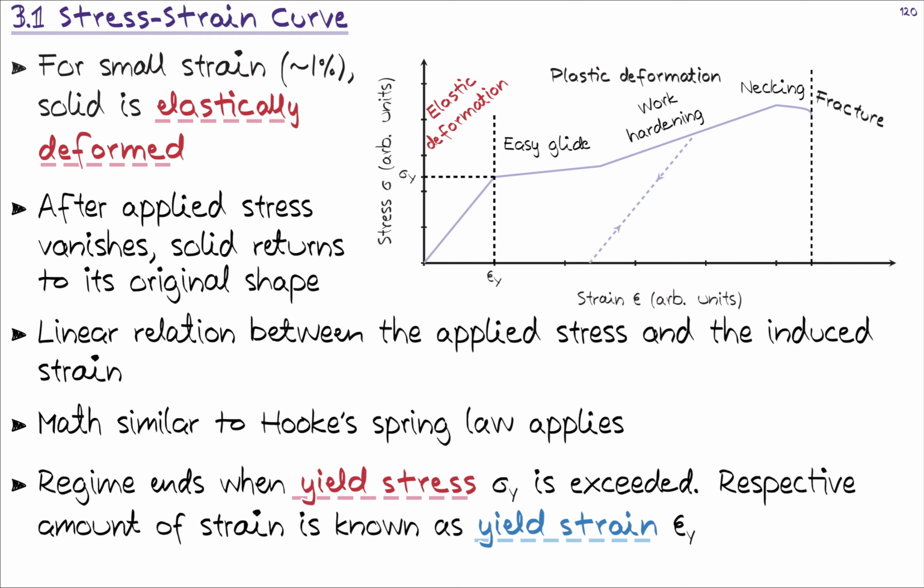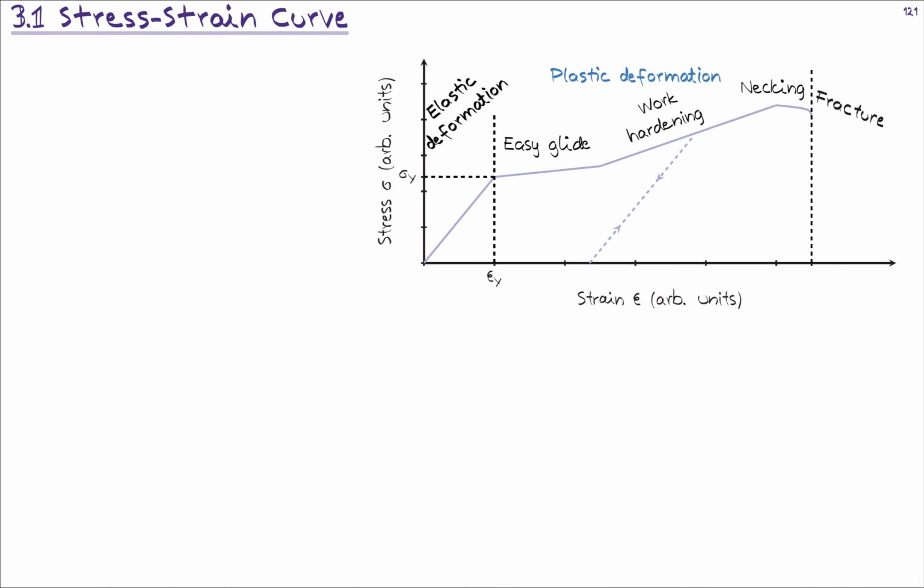This is the crossing point of these two dashed lines, and it ends the elastic deformation regime. After that, we are in the plastic deformation regime, and when the stress vanishes, the material no longer returns exactly to its original shape.